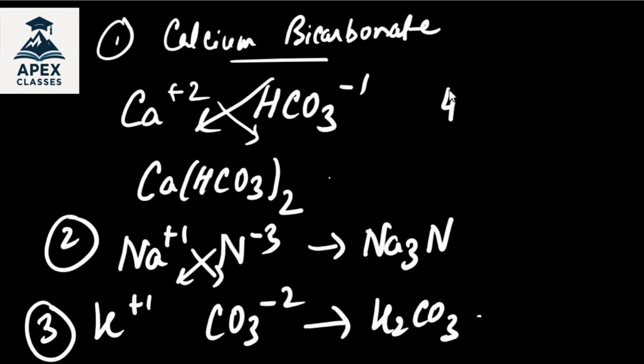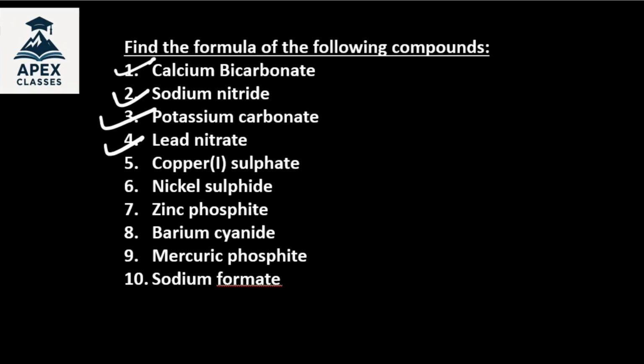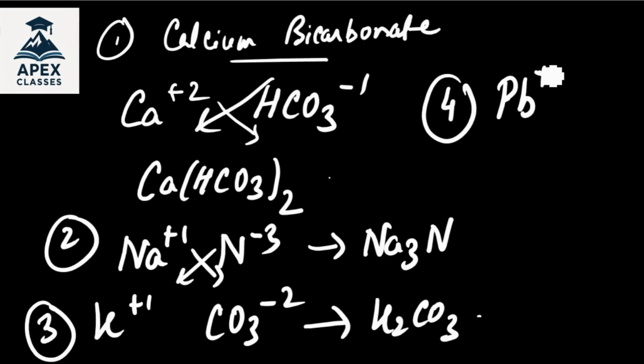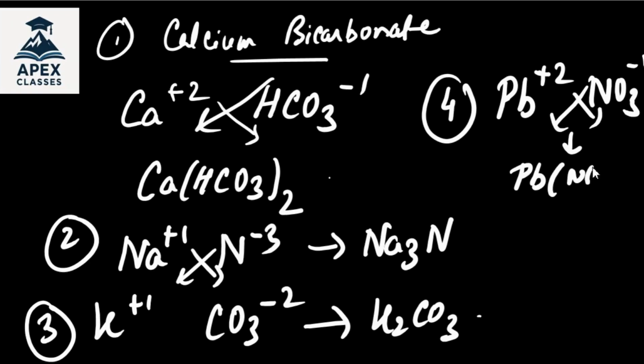Next, lead nitrate. So lead is Pb plus 2. Nothing is given, so we will take the lower oxidation state. So Pb plus 2 and NO3 minus 1, crisscross, so it will be Pb(NO3) whole twice.